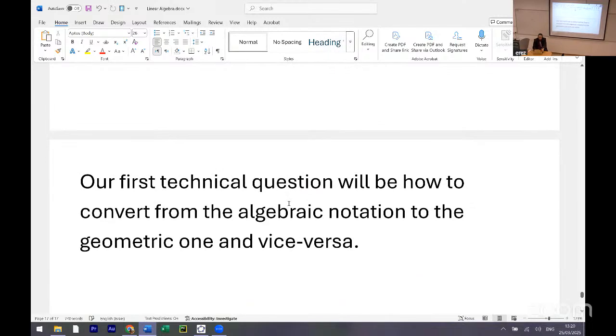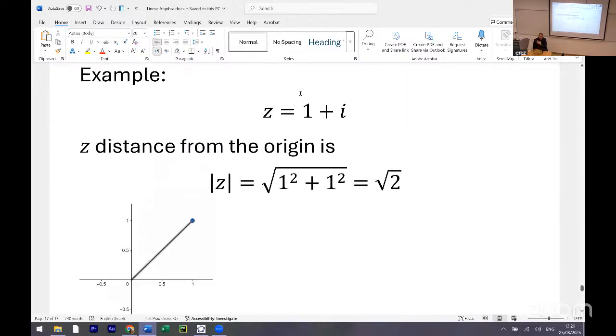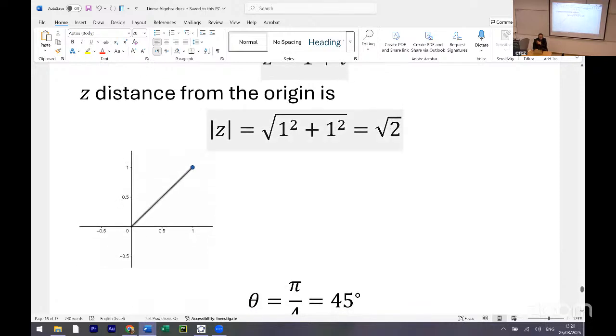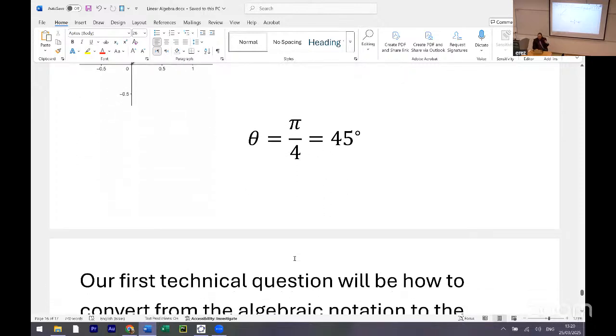We're not sure yet why we're doing that, but I gave you a long monologue about it. So now I'm just speaking about the technical ability that when given the algebraic notation, like here, 1 plus i, you know that the geometrical one is square root of 2 and pi over 4. We also have a way to write it, but I'm holding that back for a few seconds.